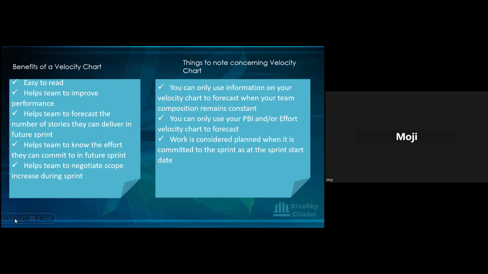Okay, you can do that. And then if there's any emergency once you're in the sprint, you already have a five story point buffer that you can play with, because you've had that in place going forward.